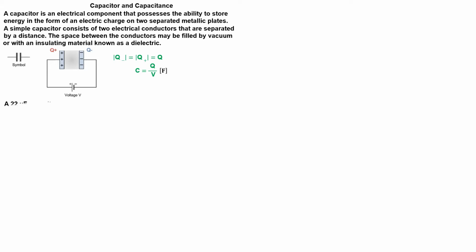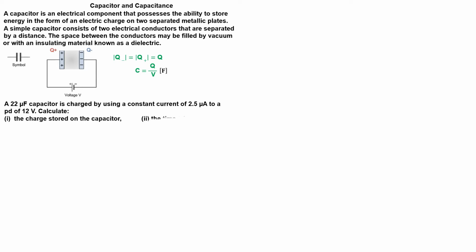A 22 microfarad capacitor is charged by using a constant current of 2.5 microamps to a PD of 12 volts. Calculate the charge stored on the capacitor at 12 volts, and the time taken. We are given the capacitance and potential difference. We use the capacitance formula.